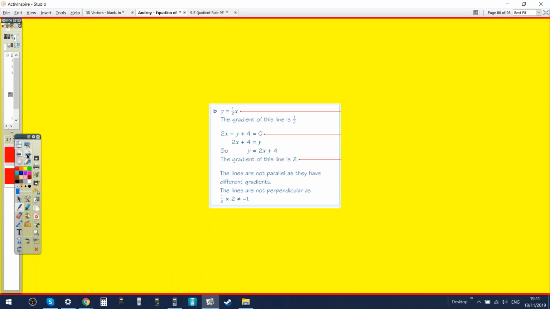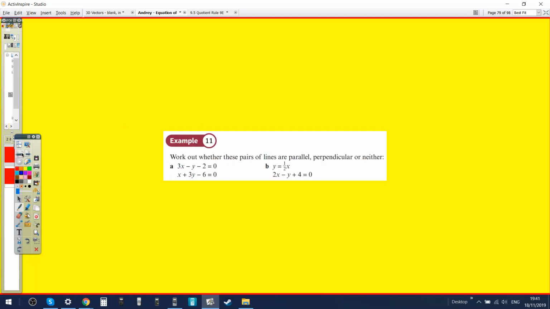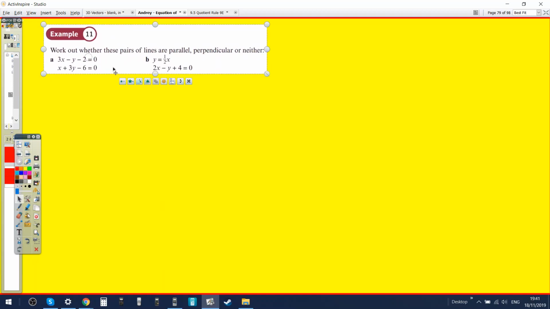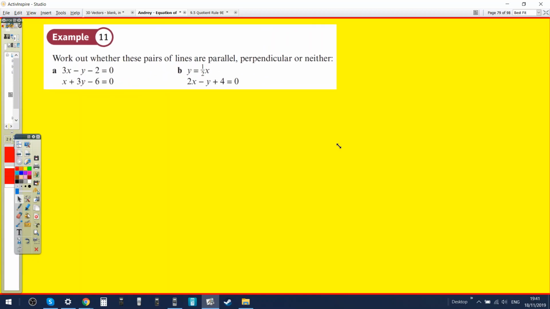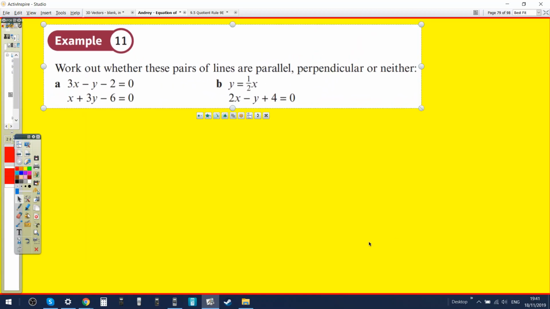See the exam questions here. Hang on. This one. How do you tell if these lines are parallel or perpendicular or neither?